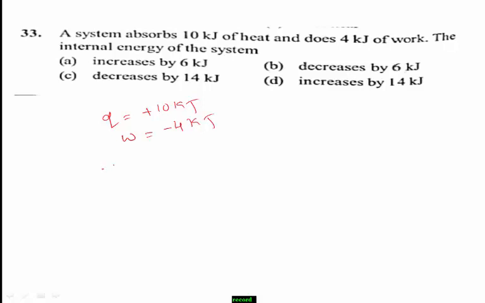Yes, because delta E or delta U equal to Q plus W. Then it is equal to 10 minus 4. Then you get answer 6. Yes, they given 6 kilojoule, right? Therefore option B is the right answer.